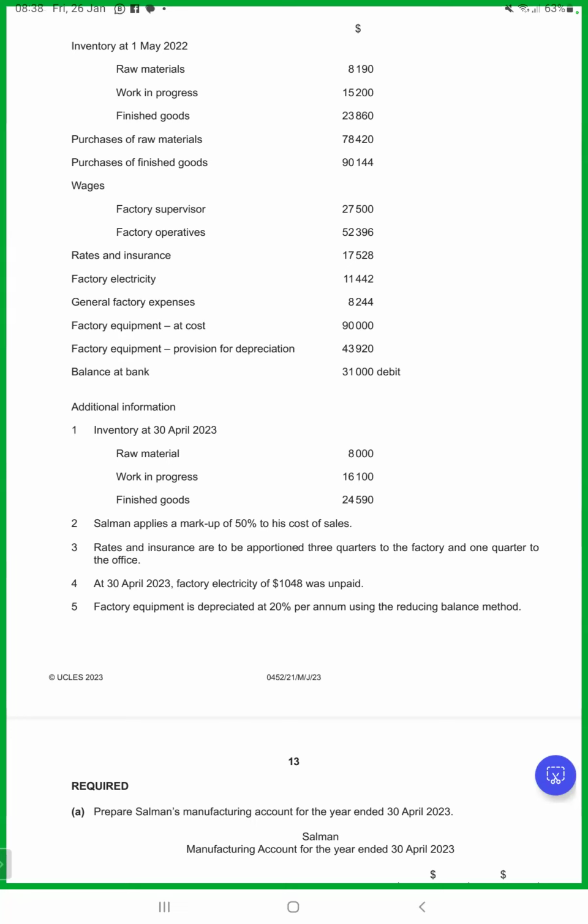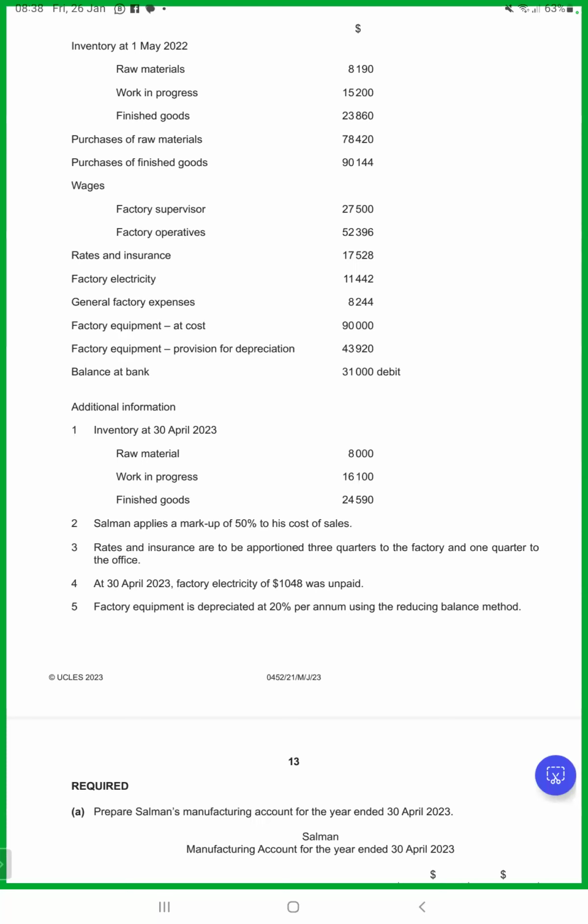So we have got the inventory at 31st April 2023. That is actually the closing inventory. And you have got 3 types of inventories, the closing ones, for the raw materials, for the work in progress, and for the finished goods.